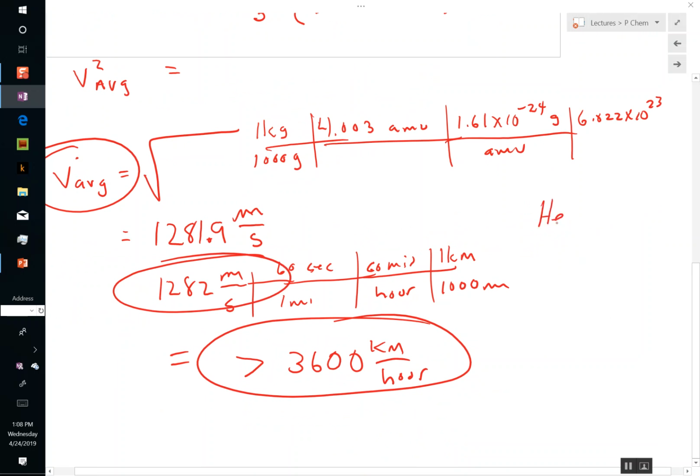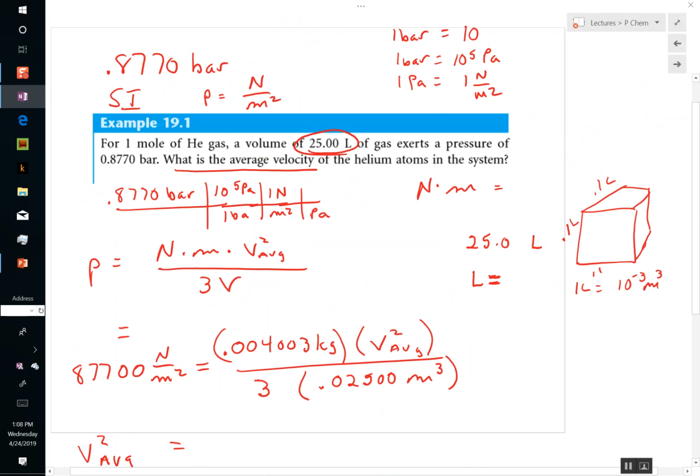Helium, its average velocity under these same exact conditions was 1282 meters per second, and neon is 571 meters per second.